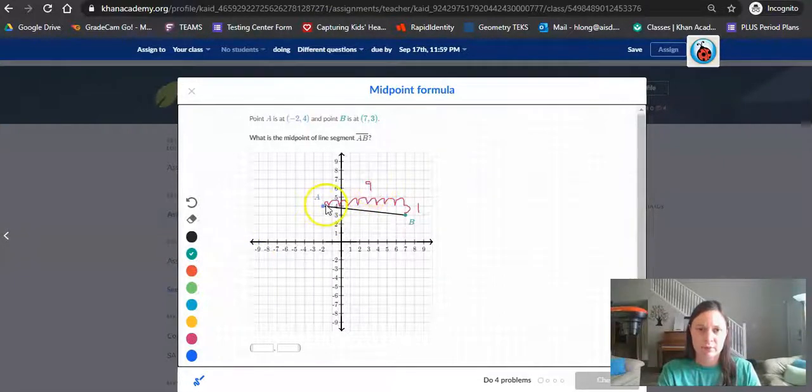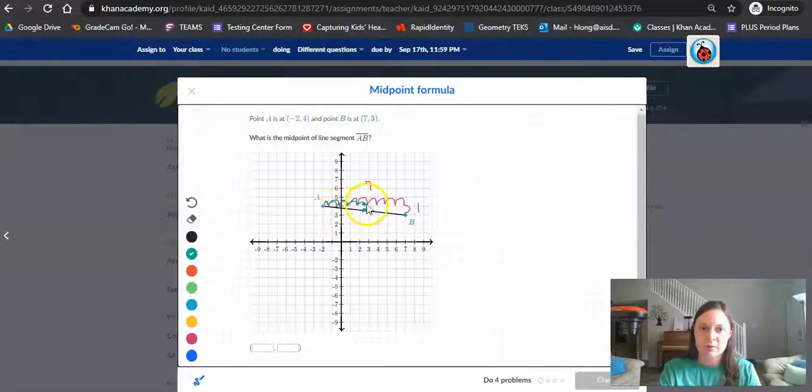Well, half of 9 is 4.5, so I'm going to come back and count 1, 2, 3, 4, and a half. That is half of 9. And then half of 1 just means I come up 1/2, so I'm going to come down 1/2 to hit right here on the line. If I've done it correctly, I'll hit on the line.